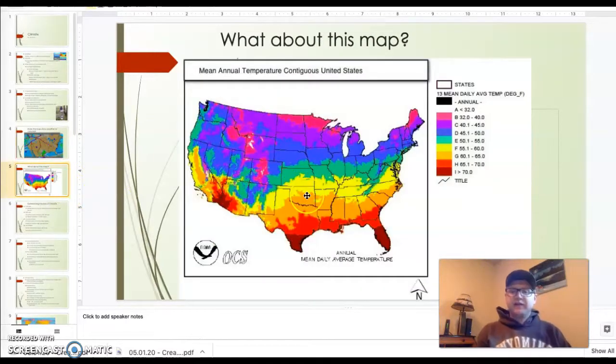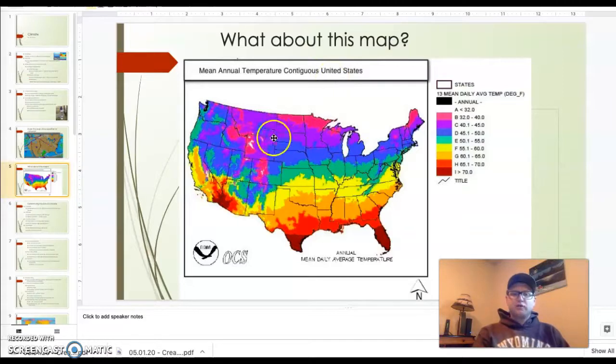This, on the other hand, is a climate map. This shows the average temperatures for the country. So your darker reds are going to be hotter. Then it progresses to orange and yellows and greens, blues, purples, and pinks.